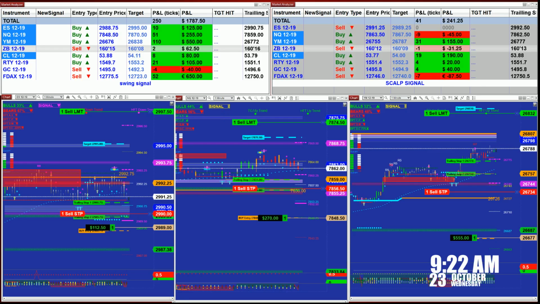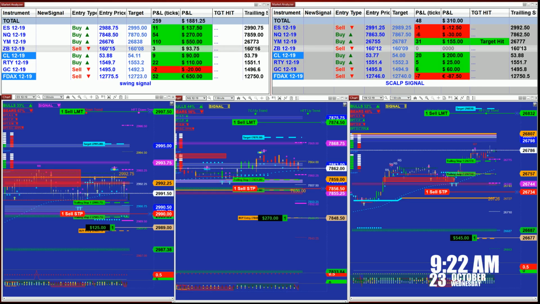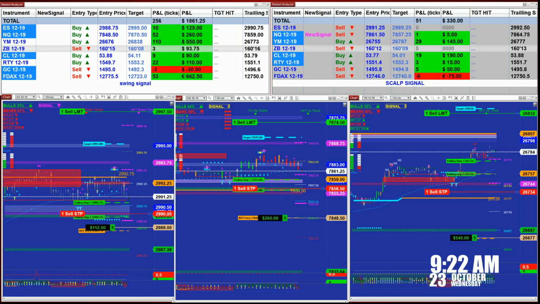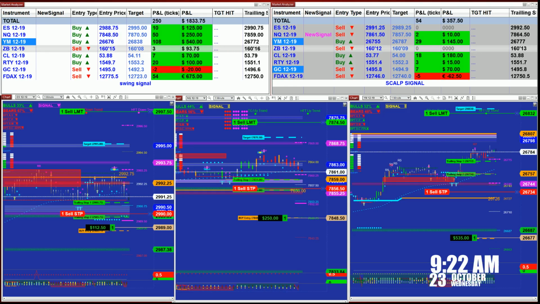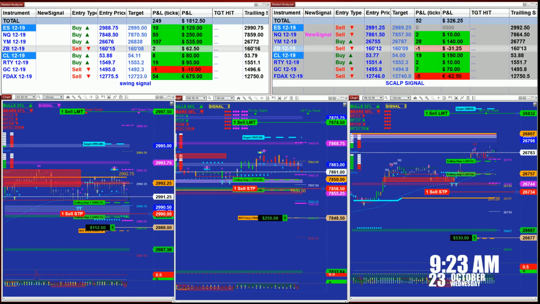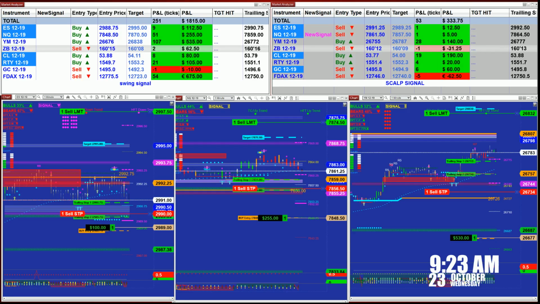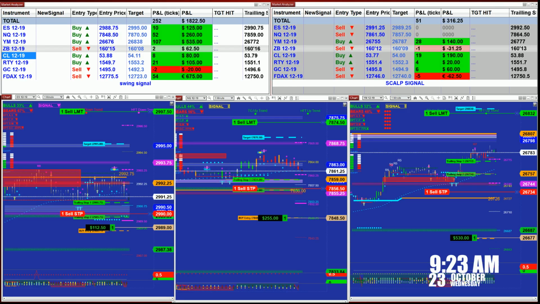Finally, the CL is about to hit. There is a new sell signal on the scalping NASDAQ. Now we are getting very close to the opening. We don't want to mess with it.